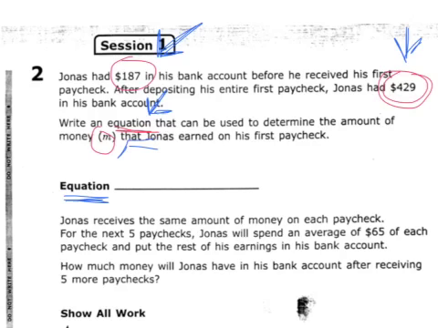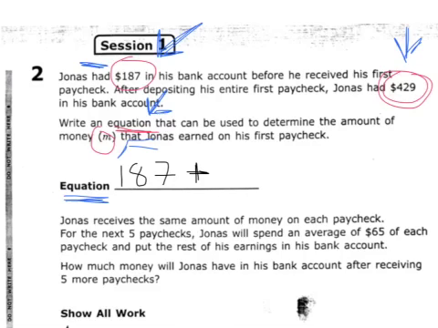So I'm going to just go chronologically. I'm going to start with the 187 that he has. He had $187 before his first paycheck, after depositing. Well, what mathematical symbol is depositing? A deposit is plus. You're adding something to the account. So 187 plus. He deposited his entire first paycheck.